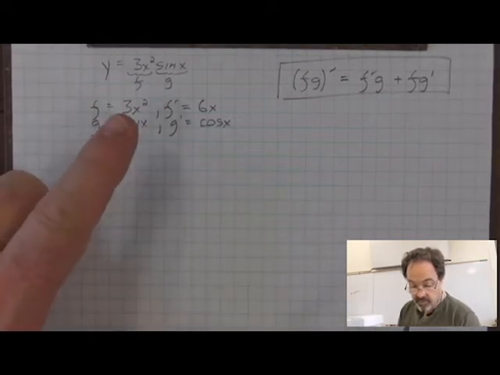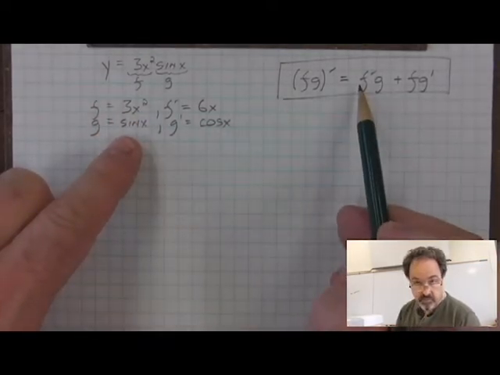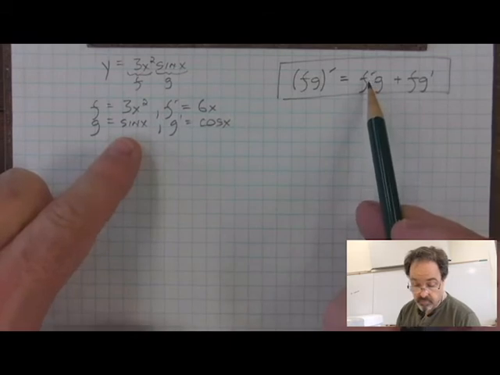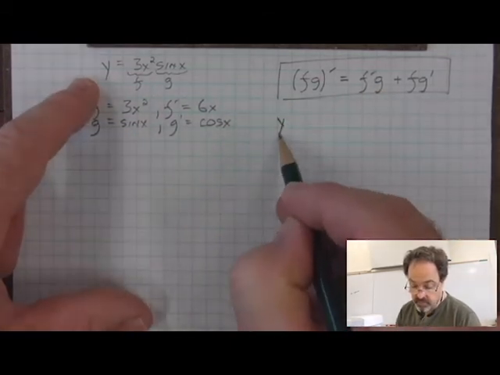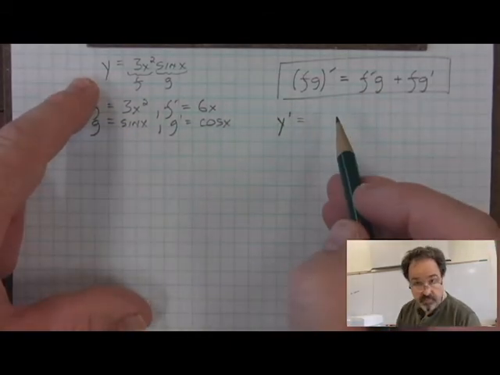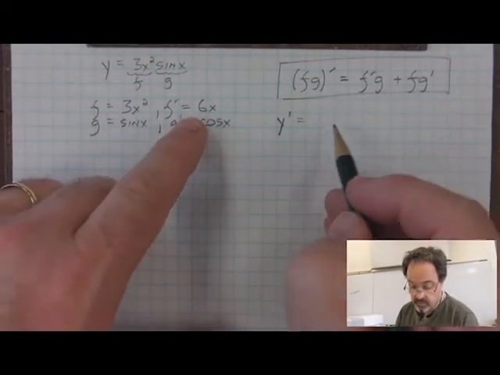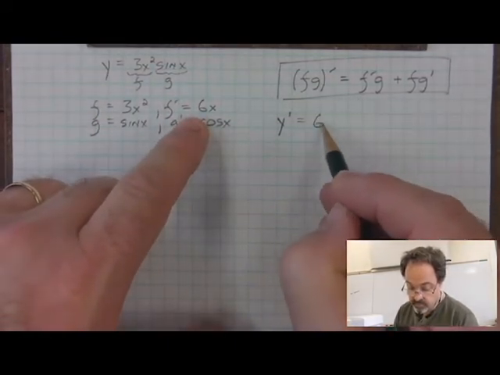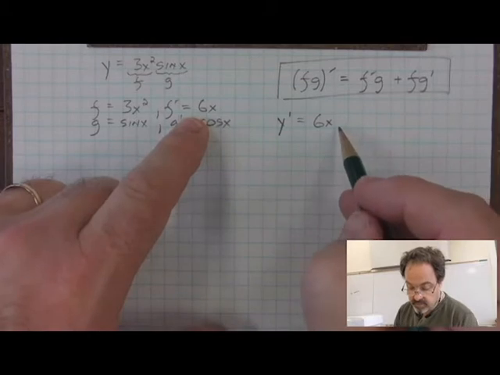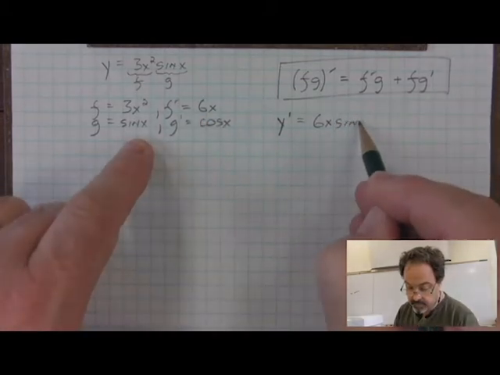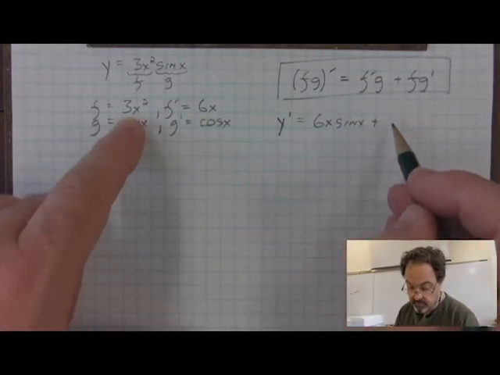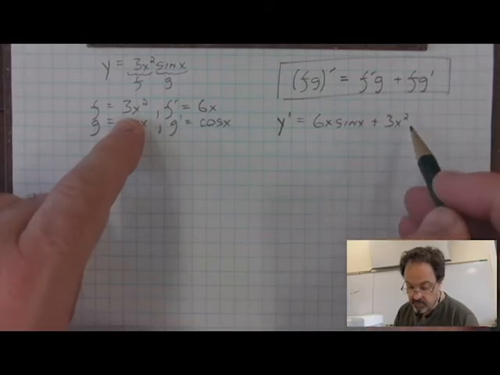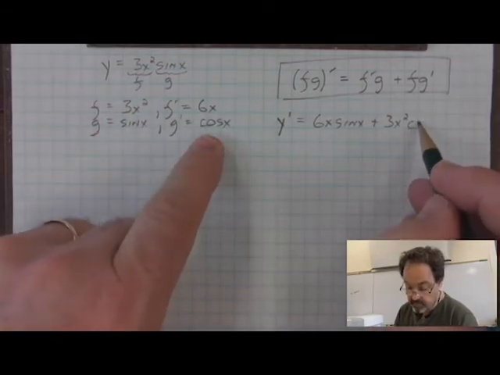And if we have the pieces that go into this structure, we can substitute them to find the derivative of our equation. In this case, the derivative of y will be equal to the derivative of the first function times the second plus the first function times the derivative of the second.